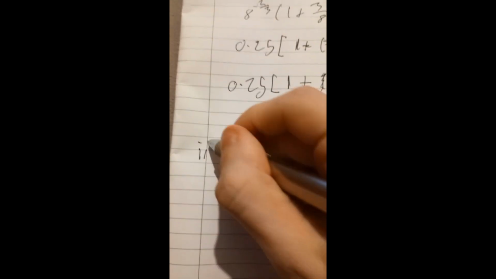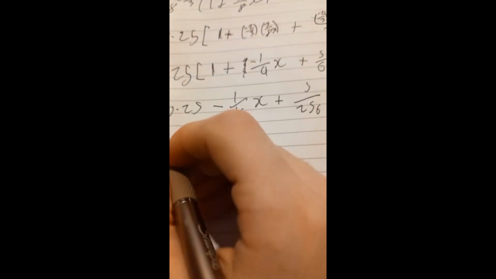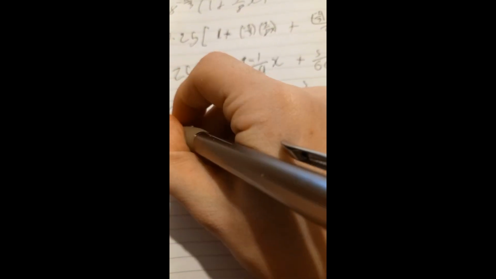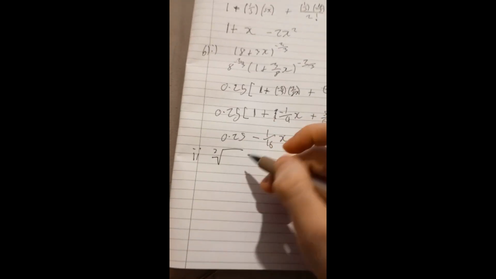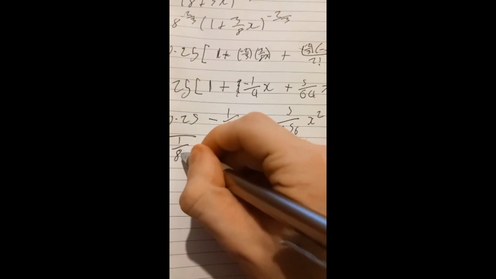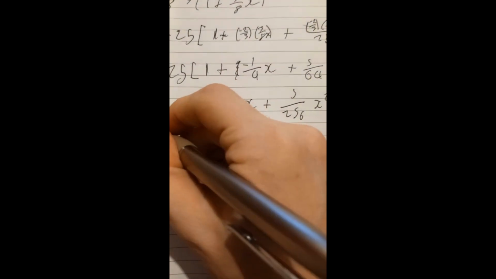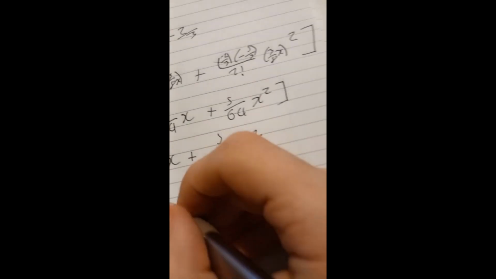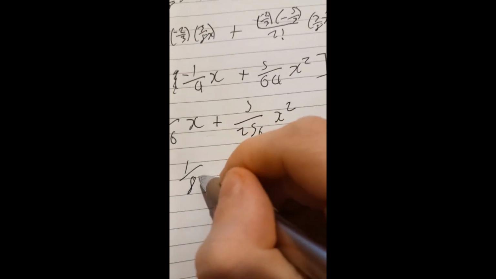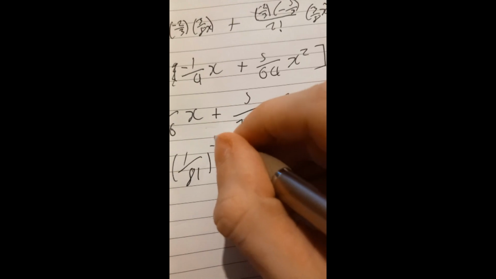So part 2, same thing we've already done. 2 marks: come up with an estimate using this expansion for 1 over 81 cube rooted, which, if you remember, is 1 over 81 to the power of a third.